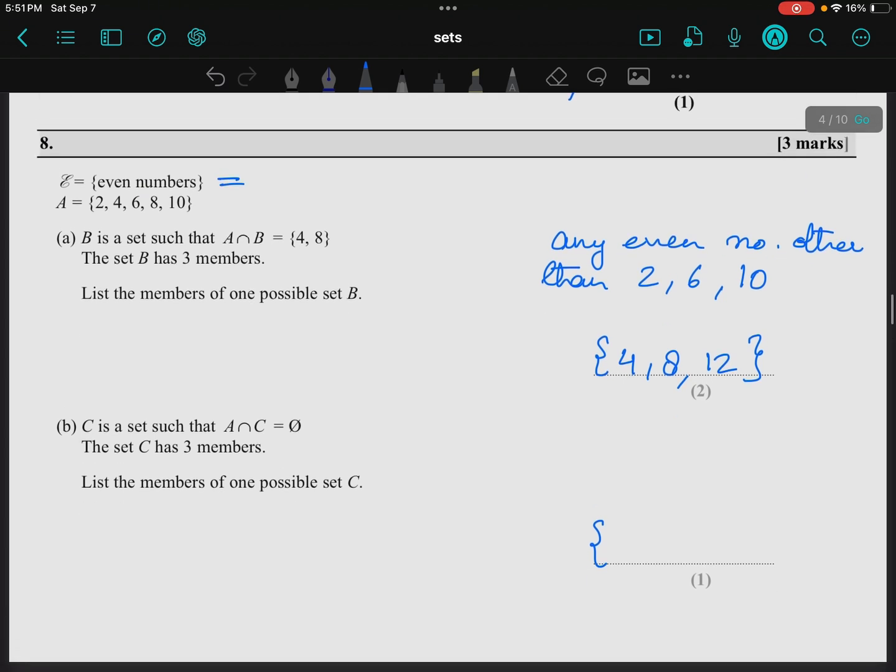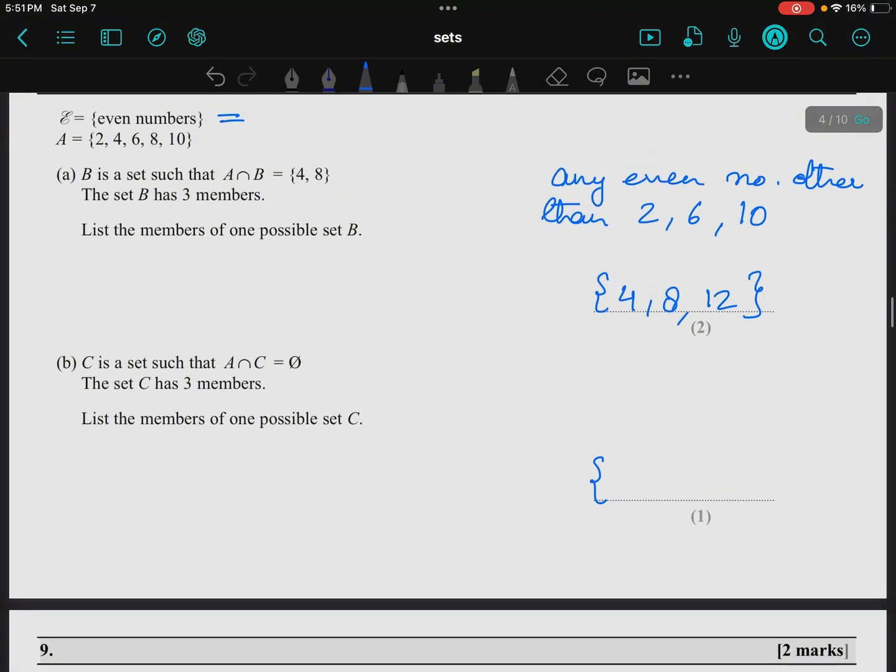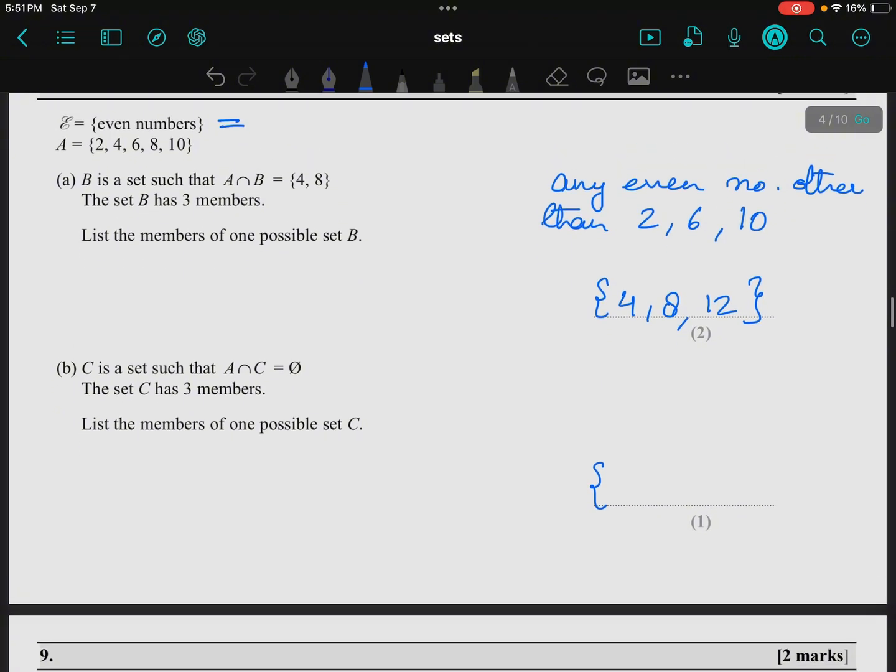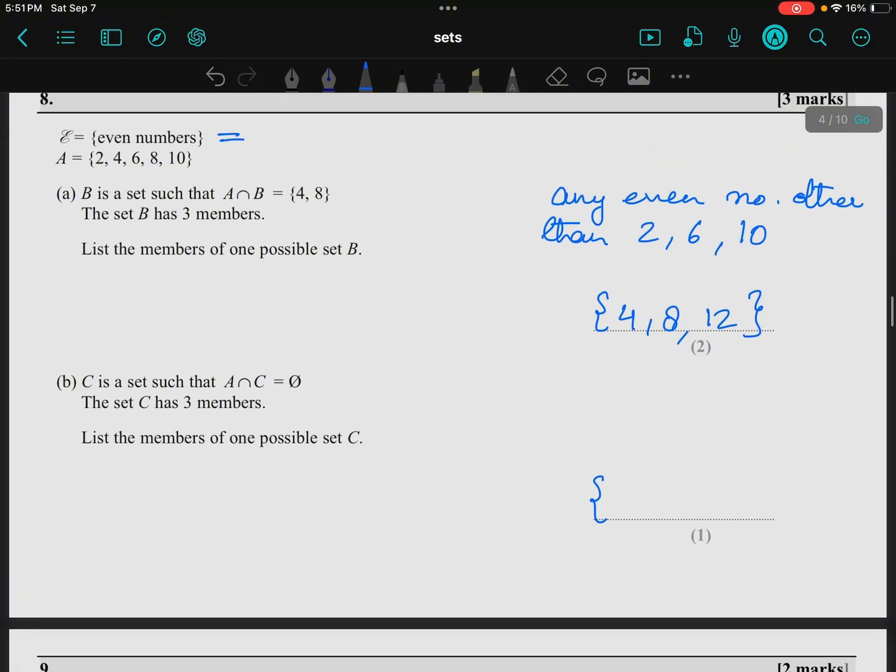So C is any numbers you can take except 2, 4, 6, 8 and 10, which are set A. So except these even numbers, any other numbers you can take, 12, 14 and 16 you can take. So any 3 even numbers greater than 10 you can take.